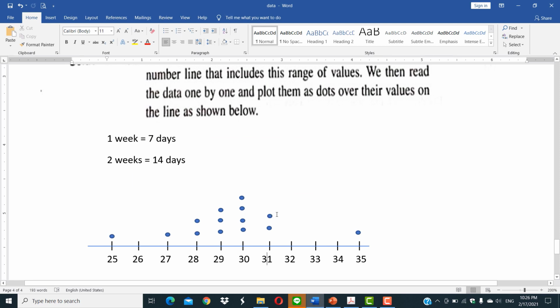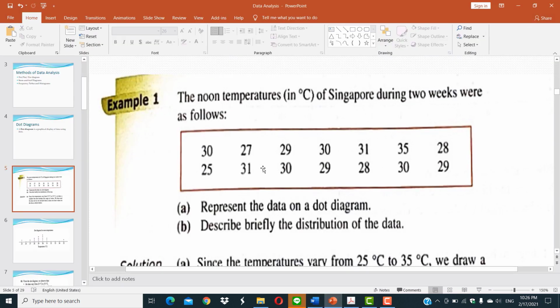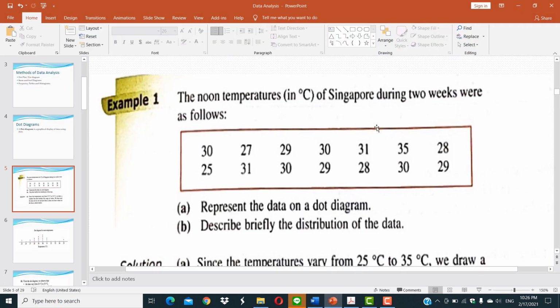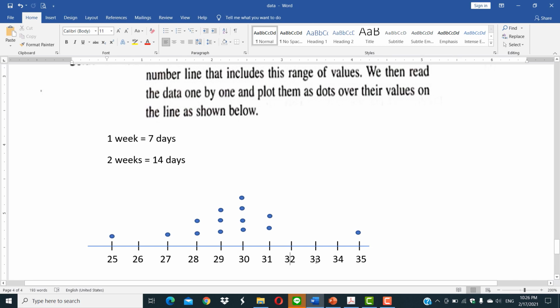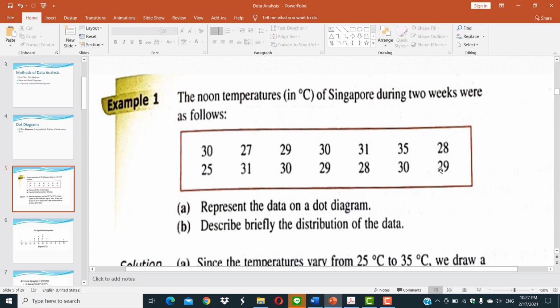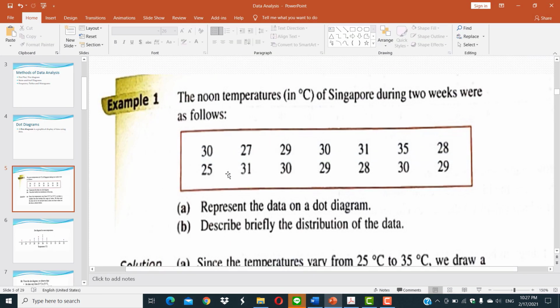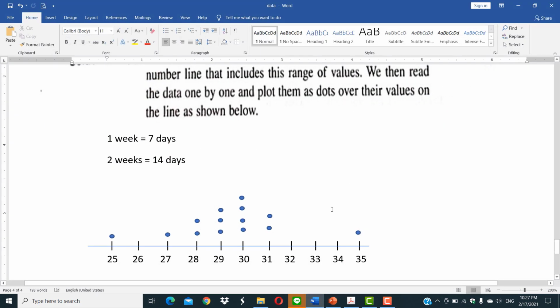Number 32, we don't have 32 in the data, that's why we don't write a dot. 33 is not in the data either, so no dot. 34 we don't have, so no dot.